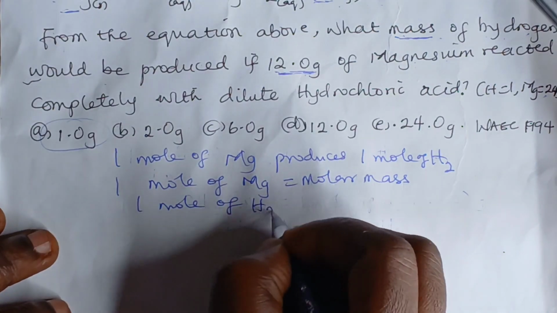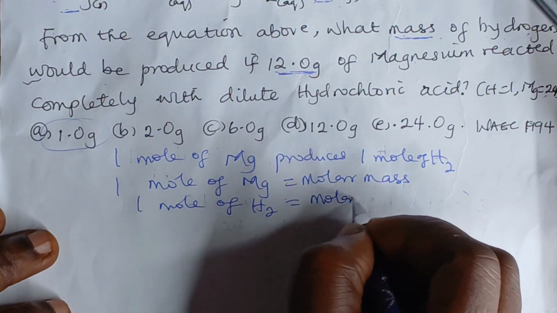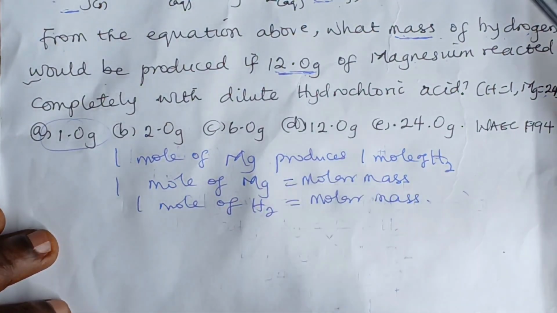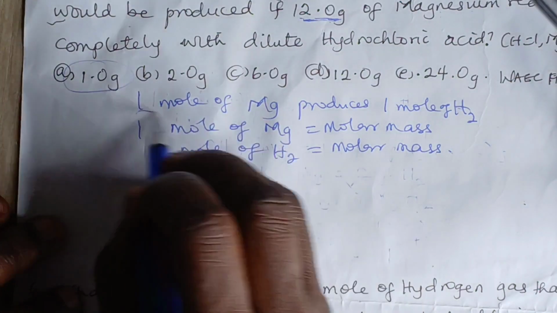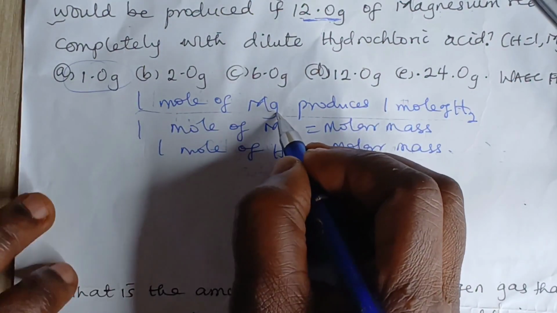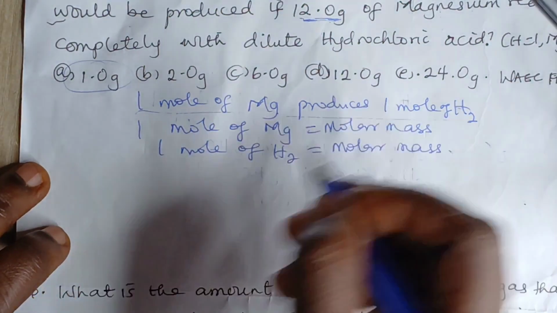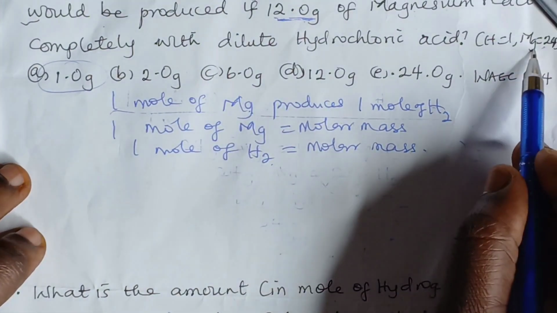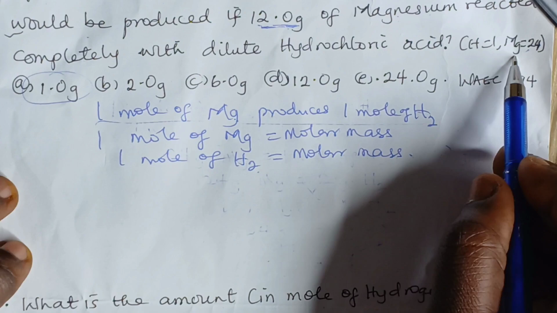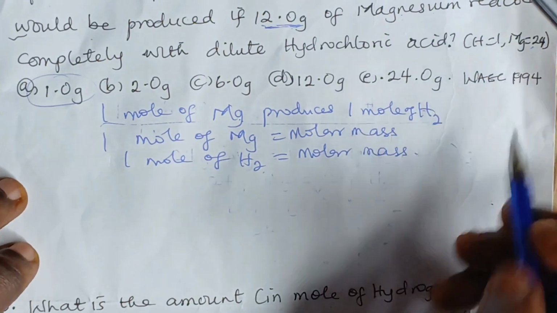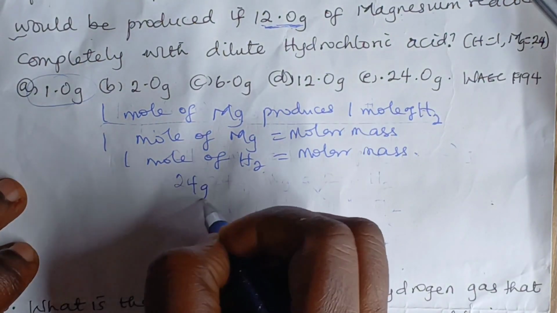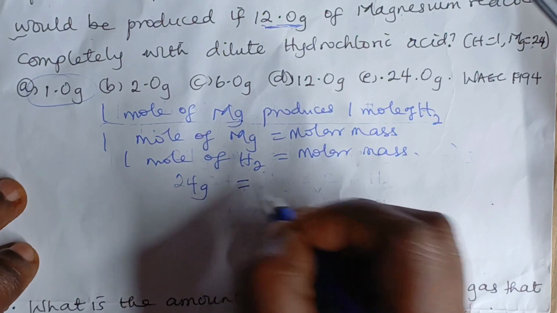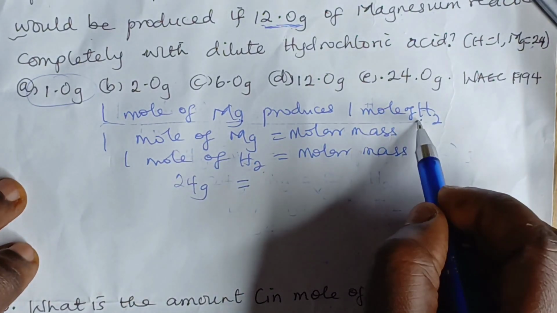So rewriting this first line, 1 mole of magnesium is its molar mass, and the molar mass is 24 for magnesium. So 24 grams of magnesium is equal to the molar mass of hydrogen.